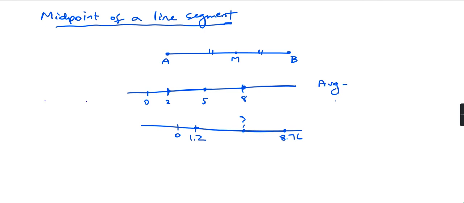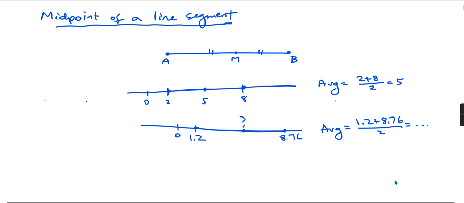When we find the average of two things, we add them up and divide by 2. So 2 plus 8 is 10, divided by 2 is 5. I would do the same thing even when the numbers are not friendly: 1.2 plus 8.76 divided by 2, and that's whatever that works out to be.